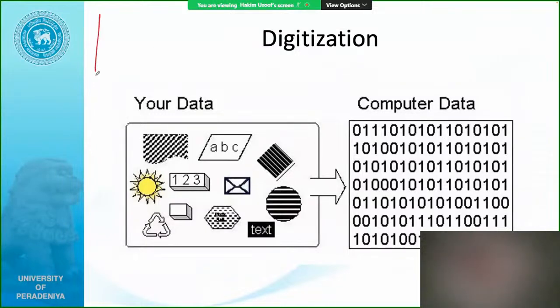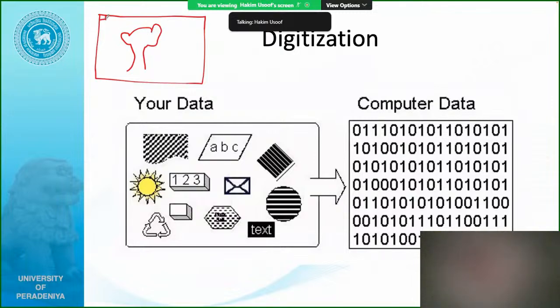So what the computer does is, I'm just taking an example of an image, it goes common for everything. If this is a picture, let's say we are looking at a tree, this picture is broken down into what's called pixels, right?